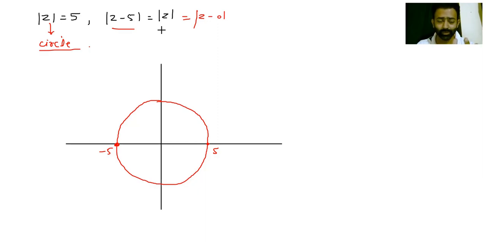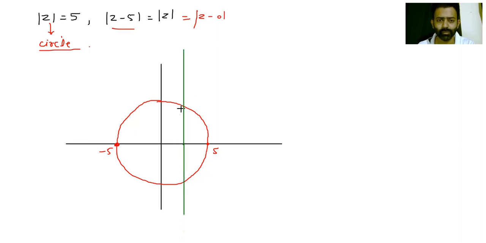This represents the equation of a perpendicular bisector, right? If it is a bisector, this bisector will pass through the midpoint of these two points, obviously, right? So we have to sketch a bisector like this, which will pass through the midpoint of 0 and 5, which is 2.5, okay? So let me draw that. So this will be your perpendicular bisector or the second locus, okay?